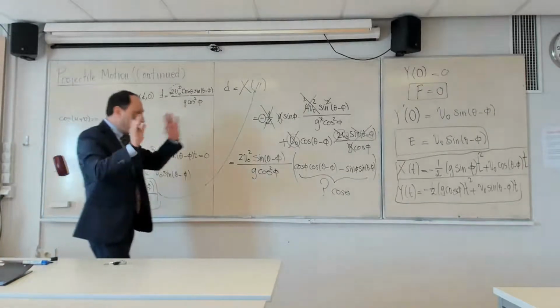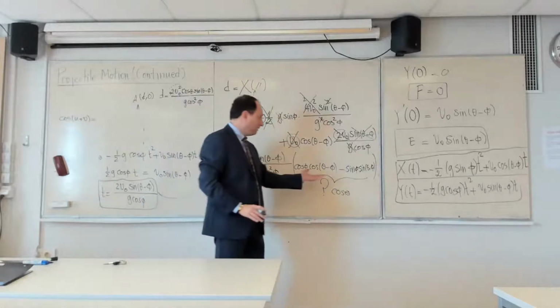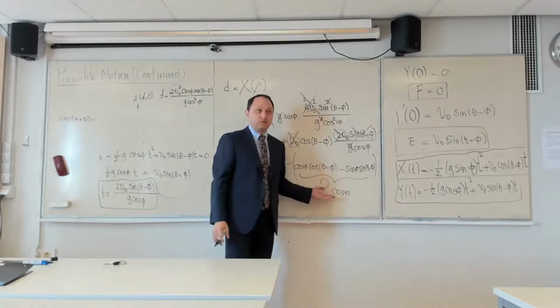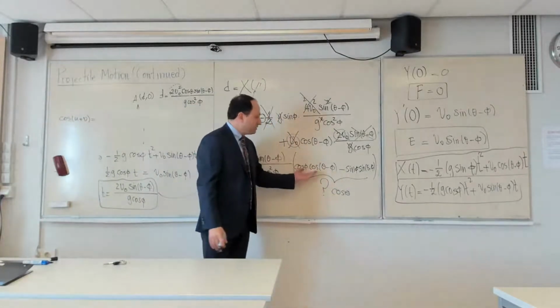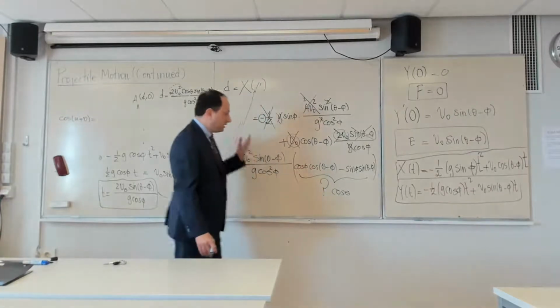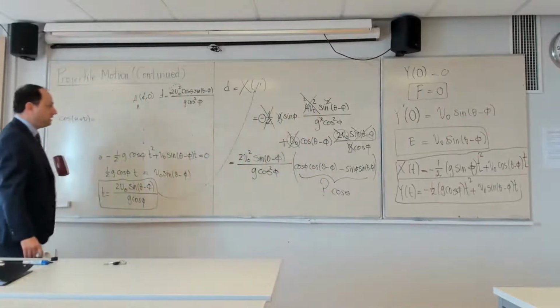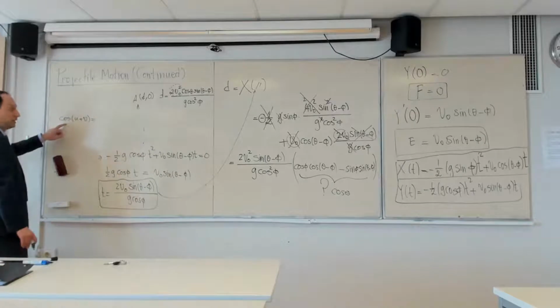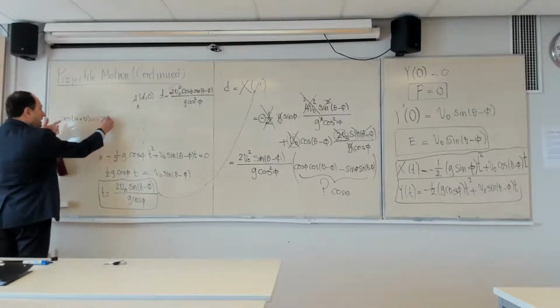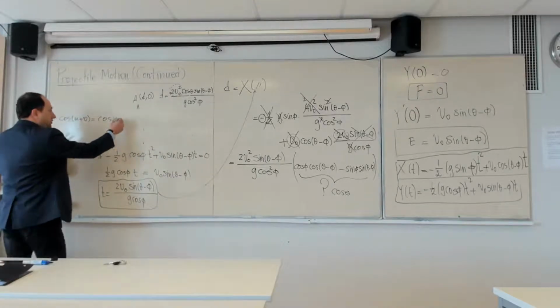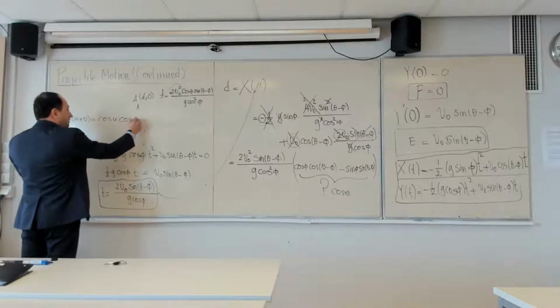If you were completely blank, it is horrible to see why this is equal to cosine theta. If it seems familiar, you can immediately realize that this is the formula for cosine of u plus v. Of course, then you can go and check the formula sheet. If you are totally blank, it's not possible.